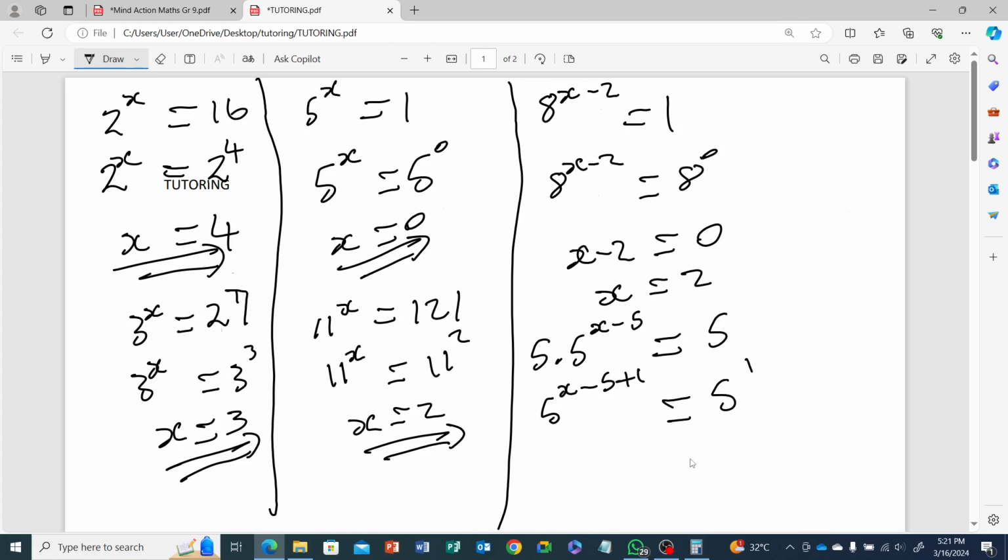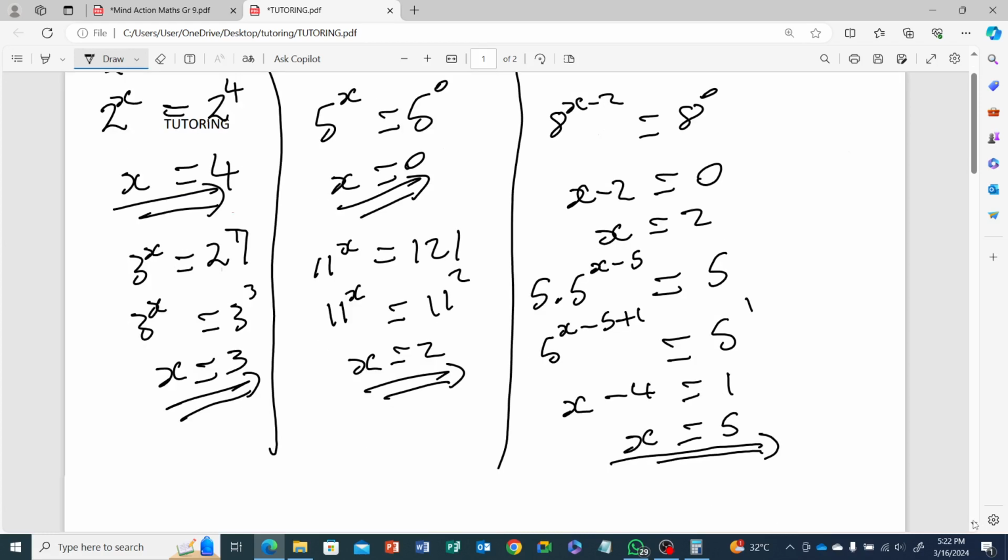So what you can do is equate the exponents. So x minus 5 plus 1 is x minus 4, which is equal to 1, and x will be equal to 1 plus 4, which is 5. Okay, I hope you guys are happy.